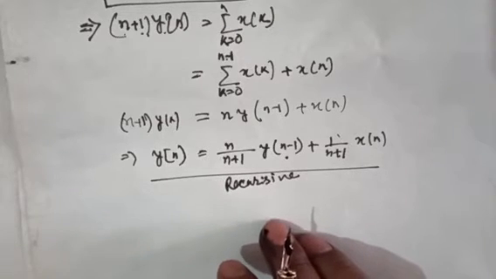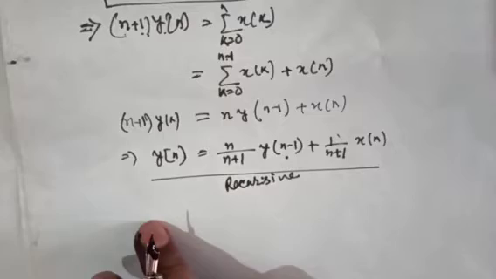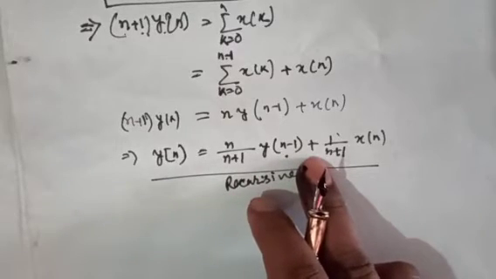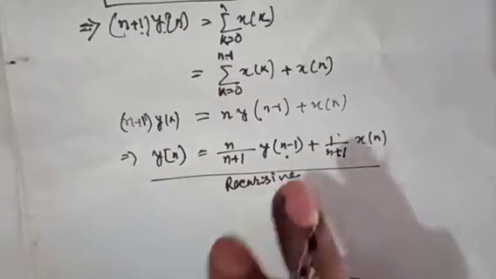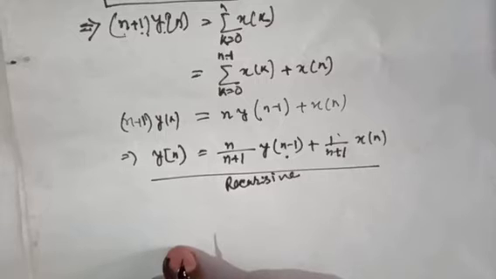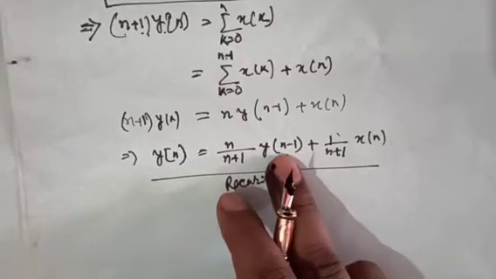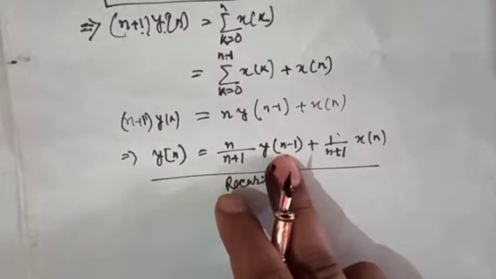Thus the computation of y of n by means of this equation requires two multiplications, one addition, and one memory location to store y of n minus 1.